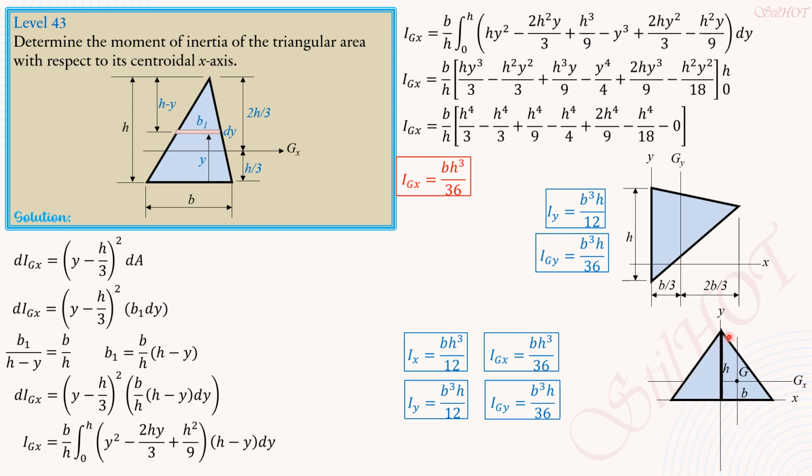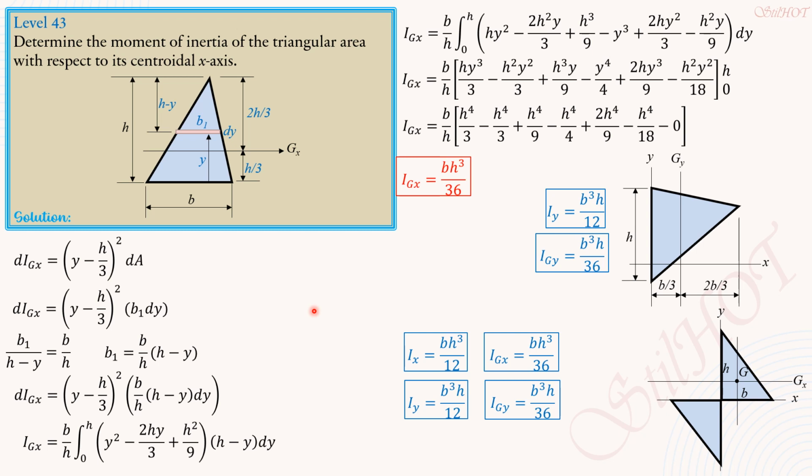If oriented in that manner, these formulas are still valid for that orientation of the triangle. And if that right triangle is oriented this manner, these formulas are still applicable to this orientation of the triangle.